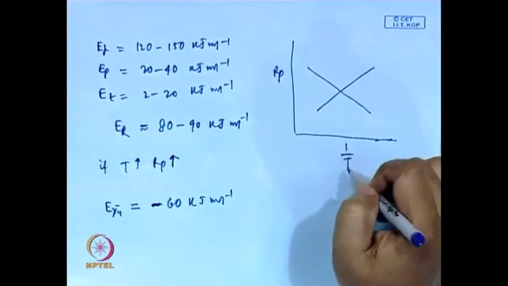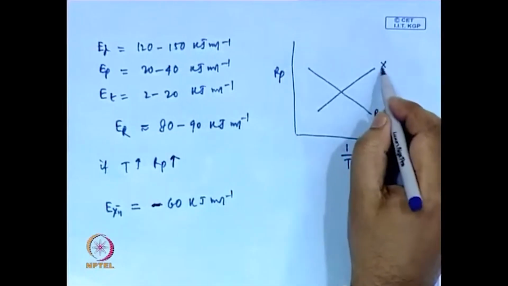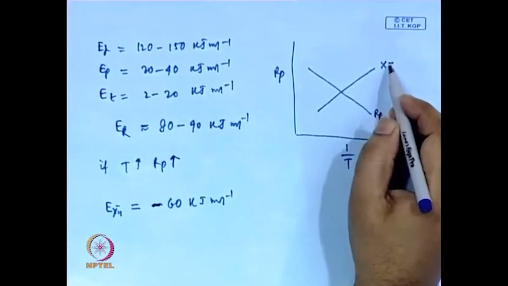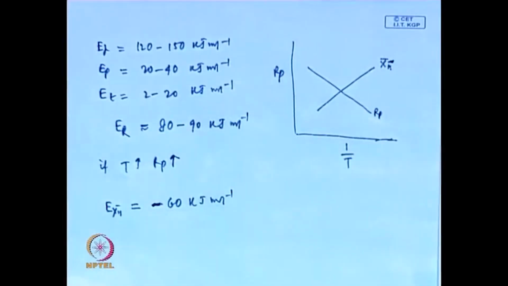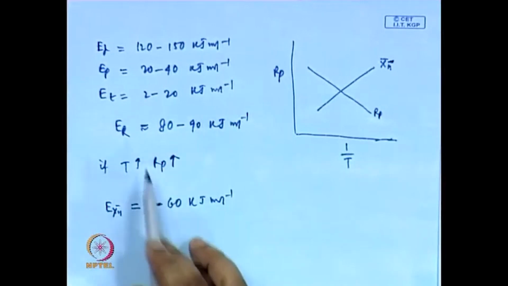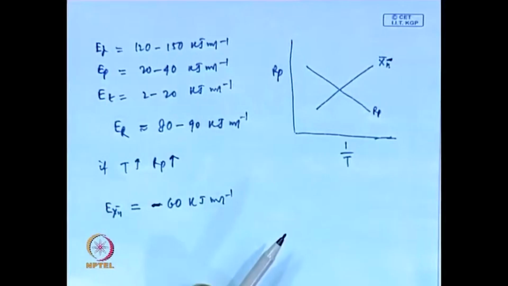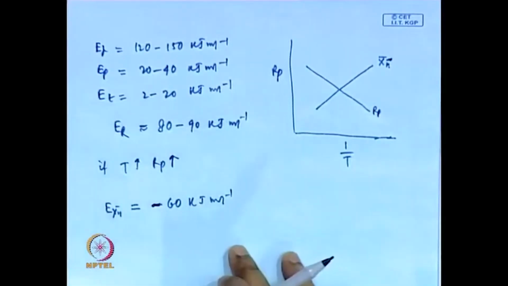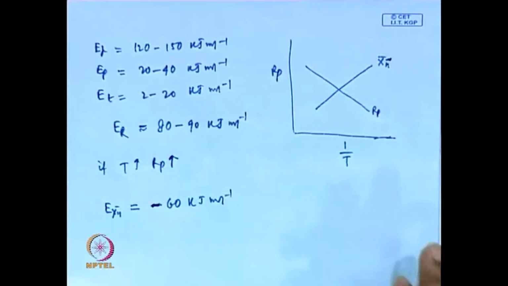So, if you plot with 1 over T, this is the curve for Rp and this is the curve for your xn bar. So, this is clear to you that from the experimental values of these activation energies, you can justify that if the temperature goes up, the rate of the polymerization will go up, and at the same time the number average degrees of polymerization will come down.